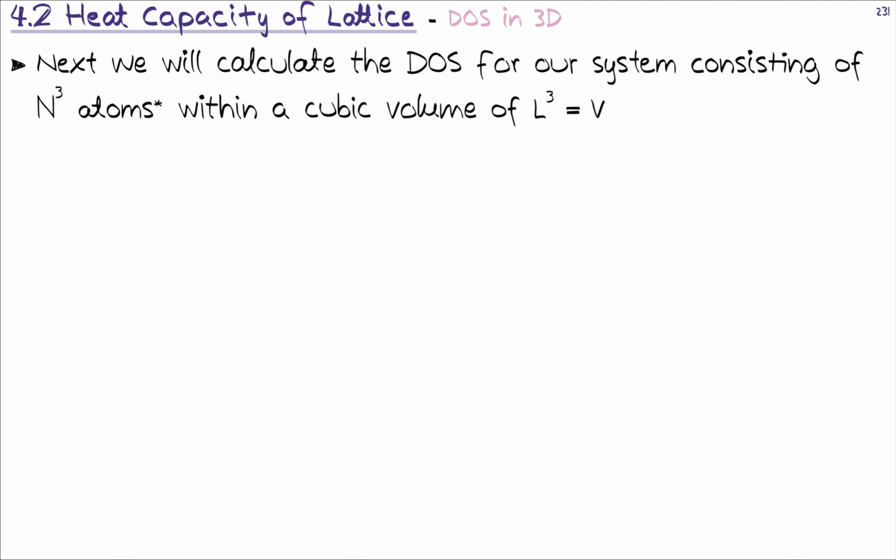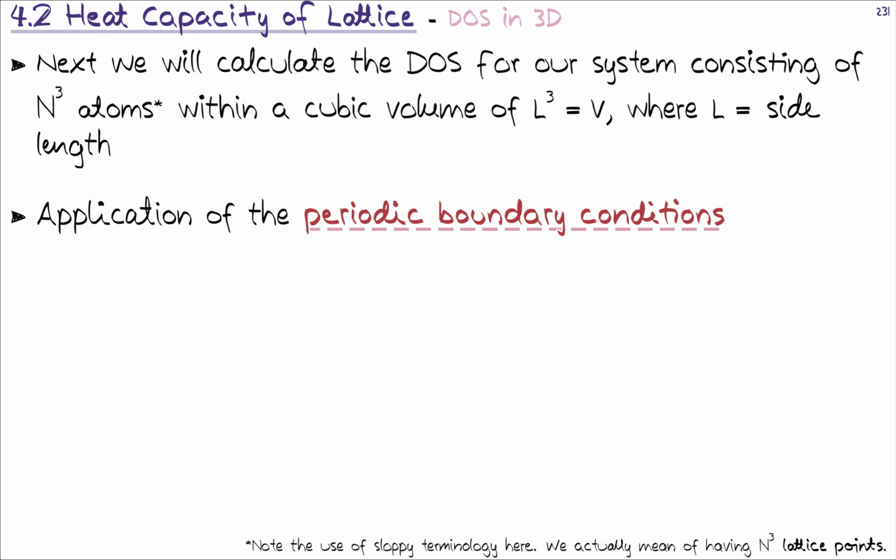And we are considering a cubic volume of a solid, and let's consider that the length of the side of the cube is L, so the volume is then L cubed. So L is the side length. And we apply, of course, the periodic boundary conditions. And I will just briefly mention why I have this footnote here, that we're actually integrating over the lattice points.